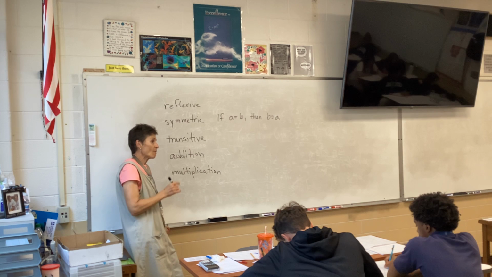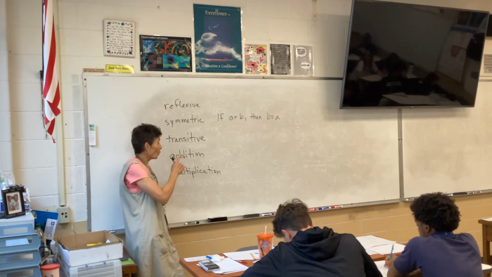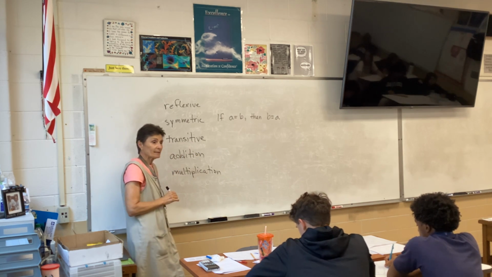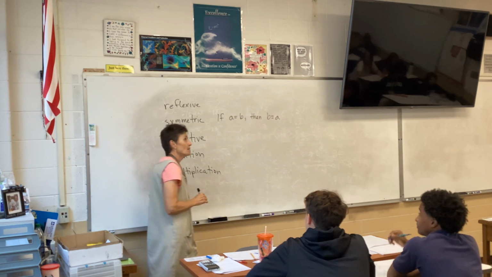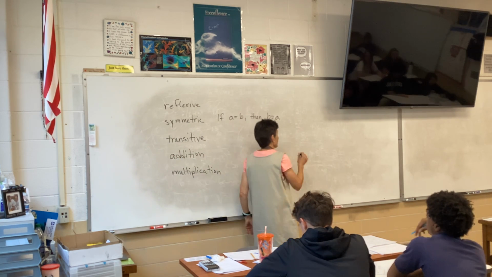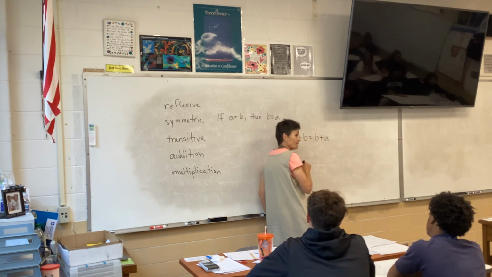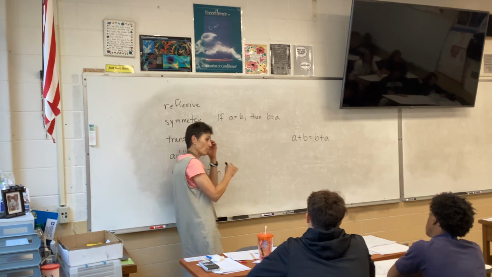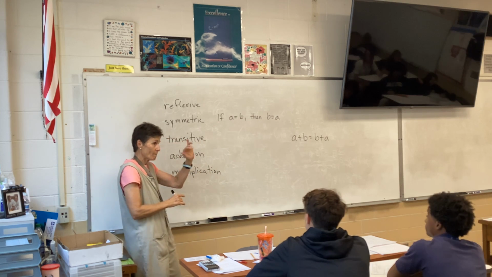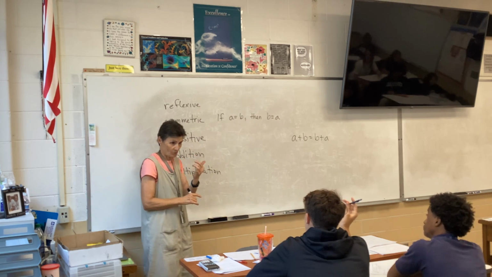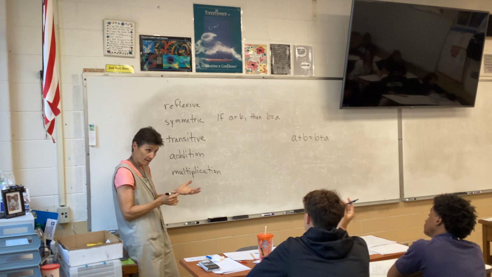Do not get that one confused with commutative. It's an order thing. Commutative is an operation, so it would be A plus B equals B plus A. See the difference? These are properties of equality, so we're making changes in an equals situation, not an add or times.